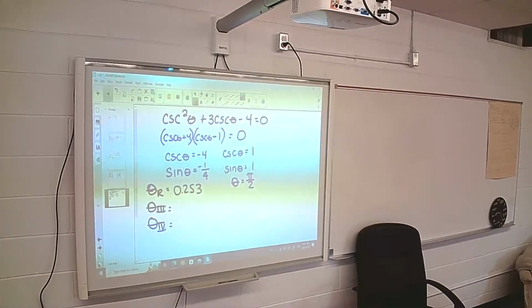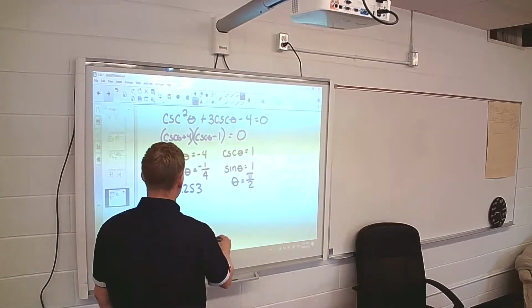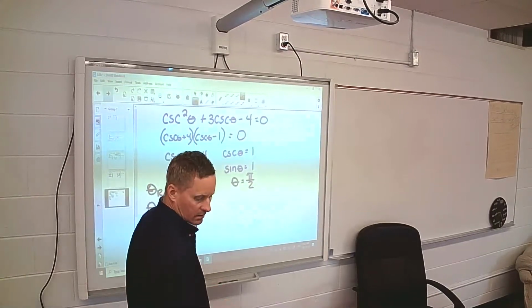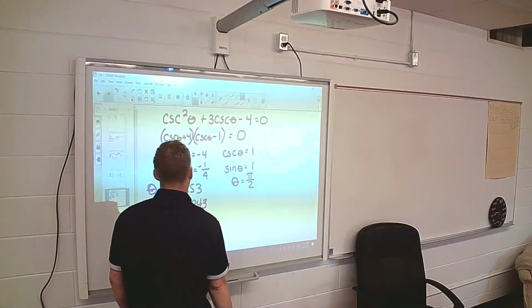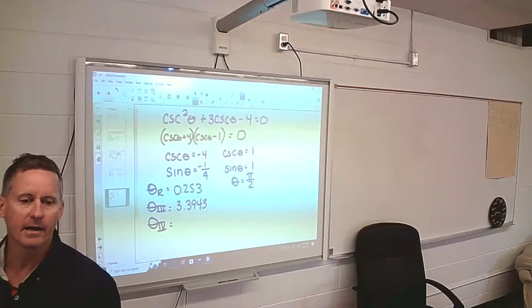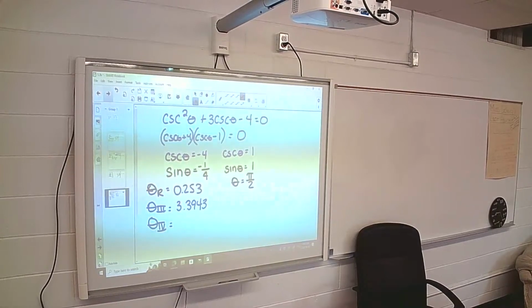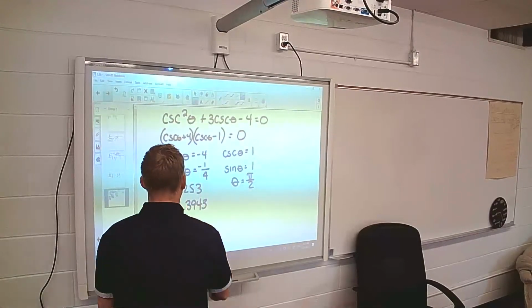No. Add pi. Add pi. Okay? Which is 3.3943 radians. How do I find it in quadrant 4 if I know my reference angle? Subtract from 2 pi. Well said. 6.031.